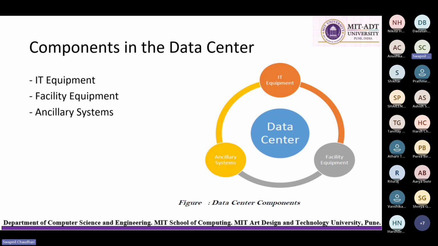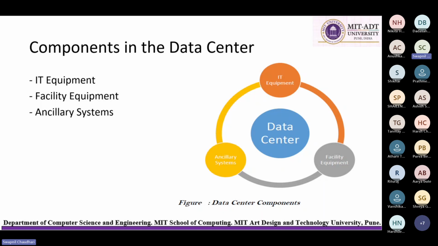In the previous session, we learned about different storage devices like SAN and NAS. Then come the network devices, like switches and routers. These are the components that actually process, store, and transmit the data.